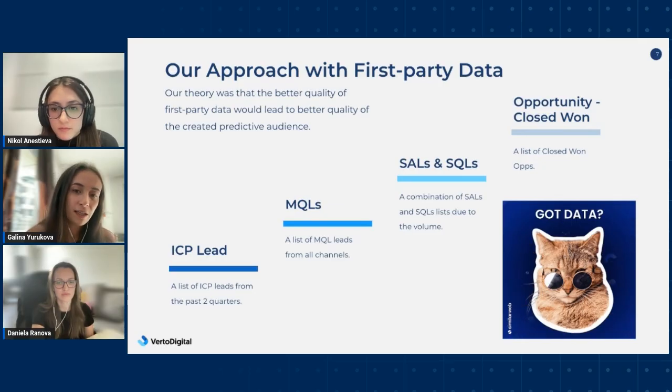Then we had to combine the lists for SALs and SQLs just because of volume restrictions. The third test we did was with MQLs. And lastly, we also tested ICP leads, which is something of a custom metric we have within this client's account. It signifies a conversion that is between a lead and an MQL. It shows us that the leads coming through have the correct job titles. This is what qualifies them as ICP leads.